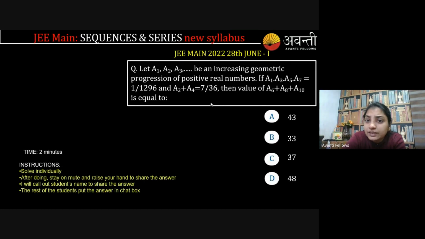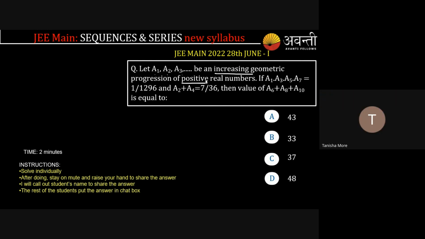Okay. So this was a question in 2022. Be careful what it's going to say. A1, A2, A3 be an increasing GP of positive real numbers. It means all my terms are positive as well as the ratio will also be positive. Agree? Yes, ma'am.